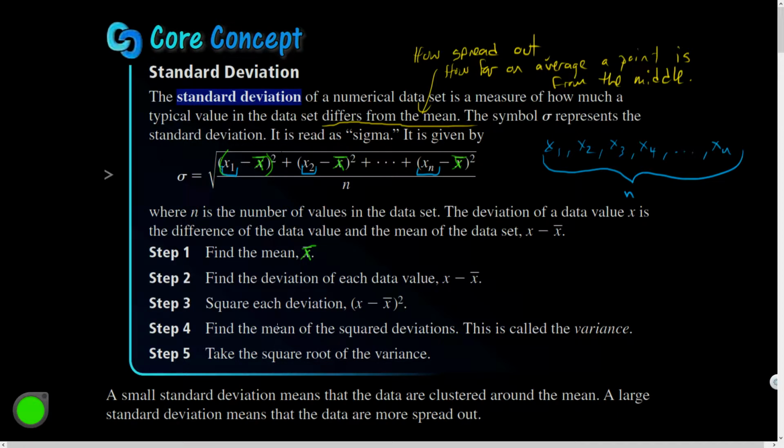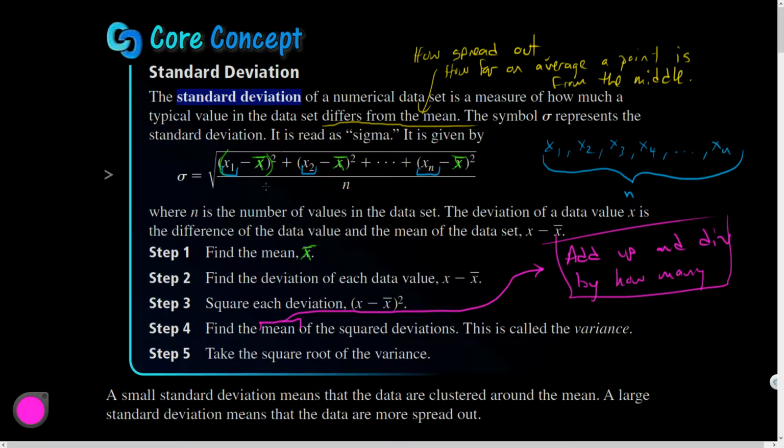Let's see. So I need to find the mean. You guys remember how to find the mean? I like it. Add up and divide by how many there are. Right? And notice that's what they're doing. Look at this. They're adding these things up and then dividing by the number of them.